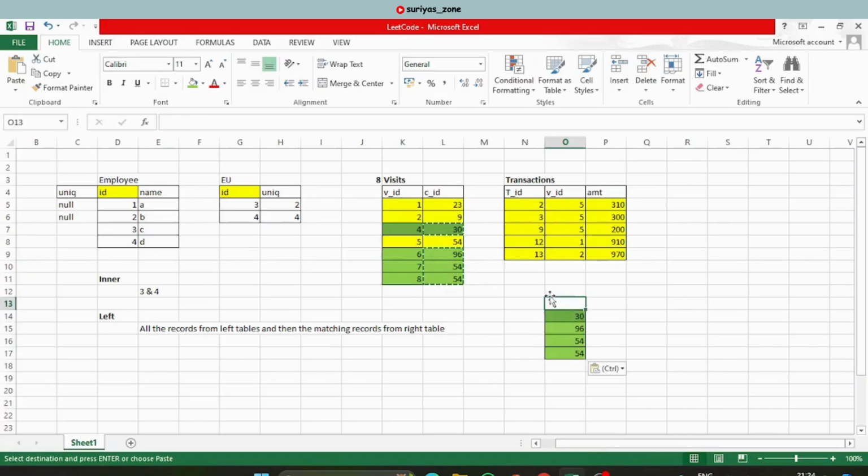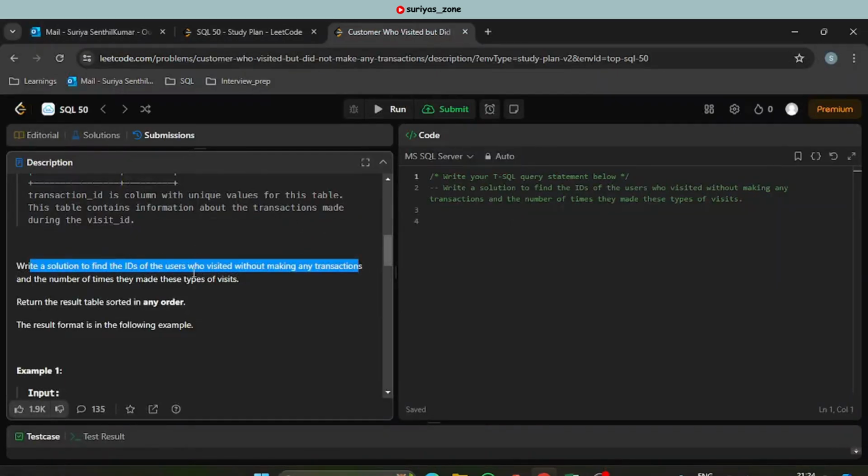So this will be our customer ID. But this guy 54 has done a transaction, but that is of some other day. In the problem statement, we don't have any such test cases like that.